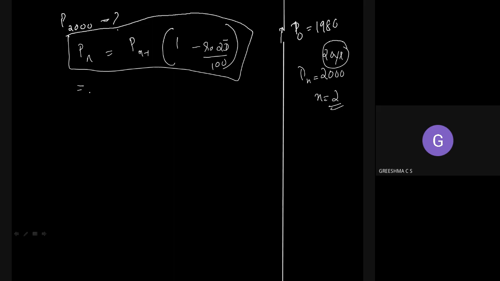Let's calculate the population. Pn, the population for the year 2000, is equal to the last known available population.